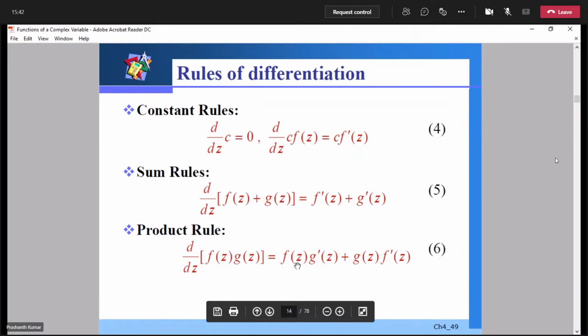Keep it that way. Plus, again you take g of z as constant and differentiate f of z with respect to z, that is f dash z. This we call the product rule. This is the UV rule.